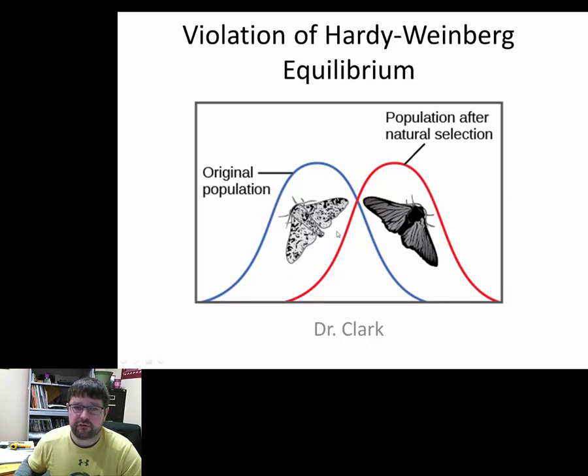Species that might have been suited for an environment where there wasn't a bunch of soot, a dark background, and it was more of a light background, get replaced by individuals that have just black, in this case wings, of a moth, the peppered moth. But other examples include lizards, and there are other species of insects where we see the shift due to industrial melanism. And then once we clean up the environment, we see the shift go back.